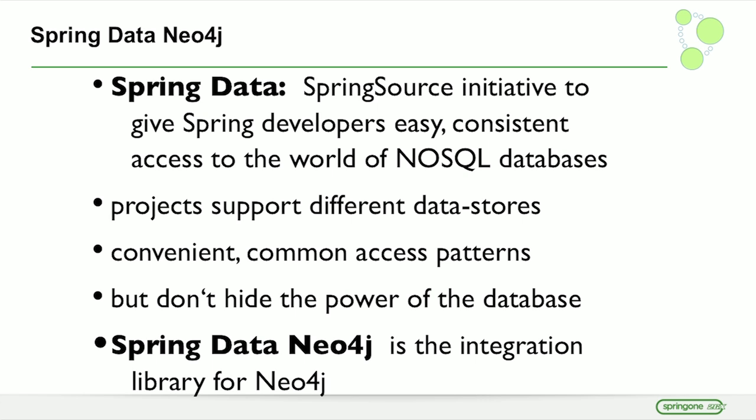And what's really important is, unlike other projects, they don't hide the power of the database. For the common use case, you have convenient and consistent access patterns, like you have in the Spring framework in general, also like with JDBC template and so on. But if you want to use features of the database that make you choose the database, actually, right?